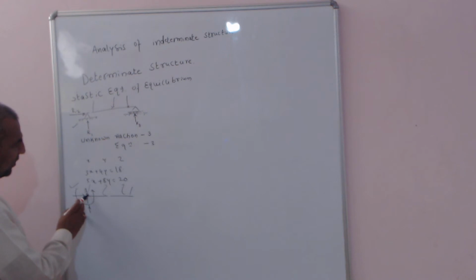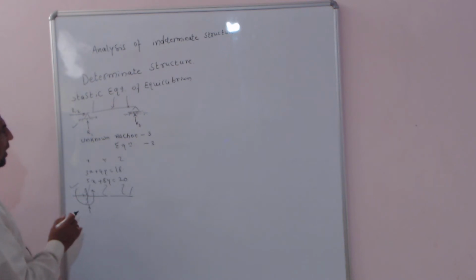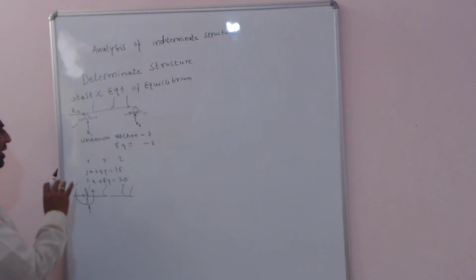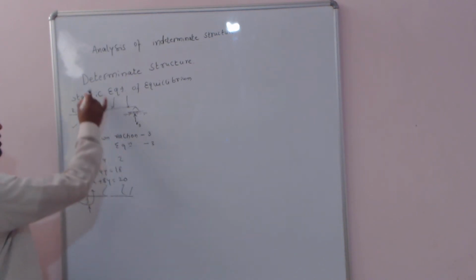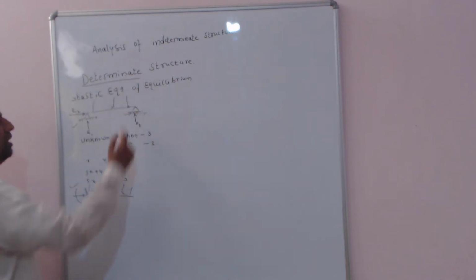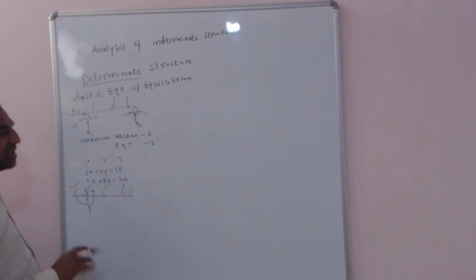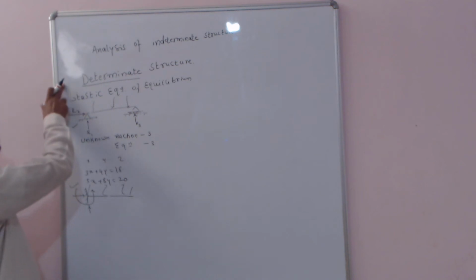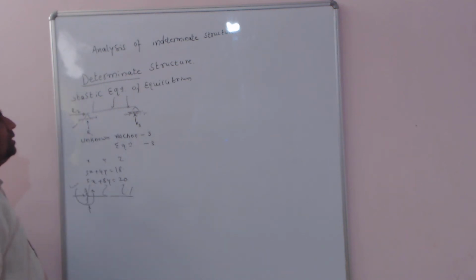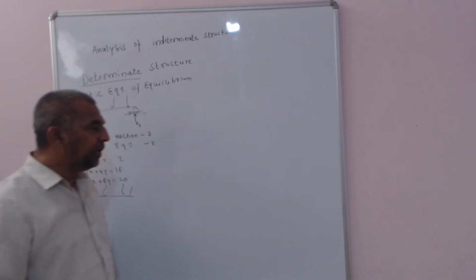Here also unknowns are 3 and equations are also 3. Hence, it is a statically determinate structure. This is all you have studied in the last year, in the subject analysis of determinate structures. Now we shall go for what we mean by an indeterminate structure.